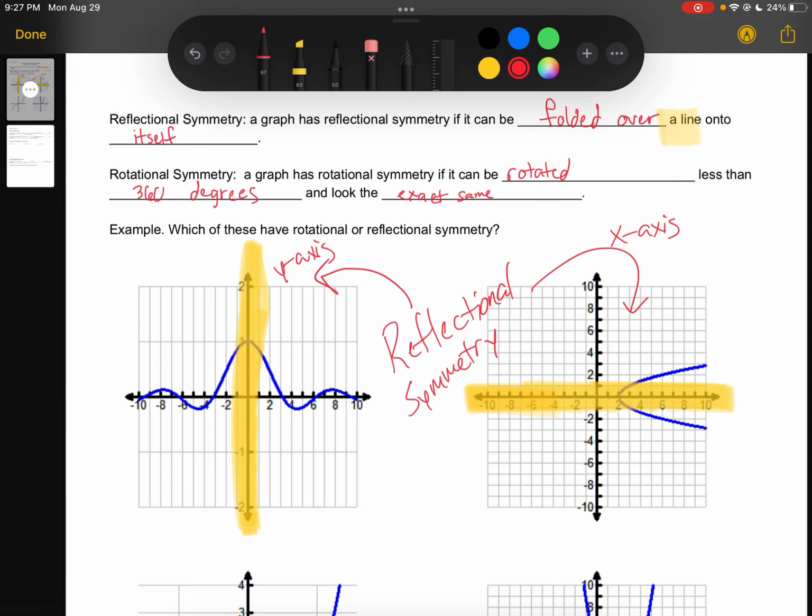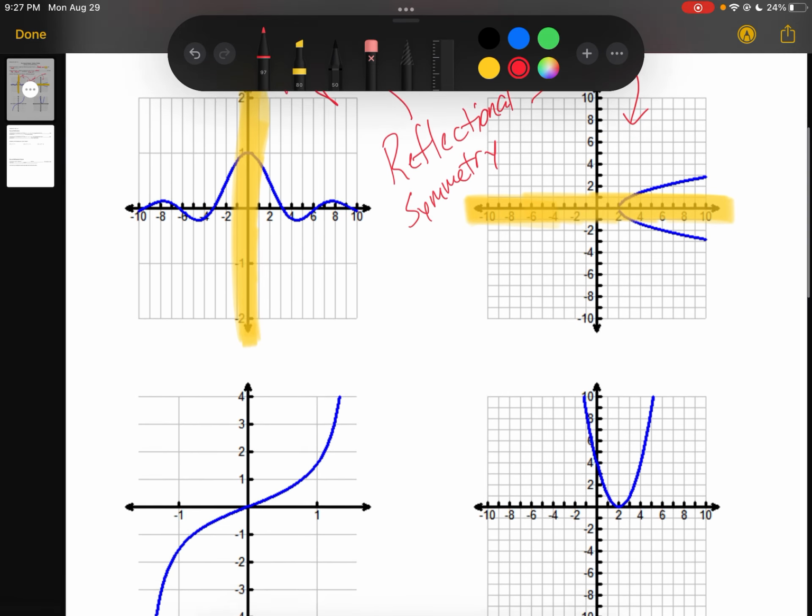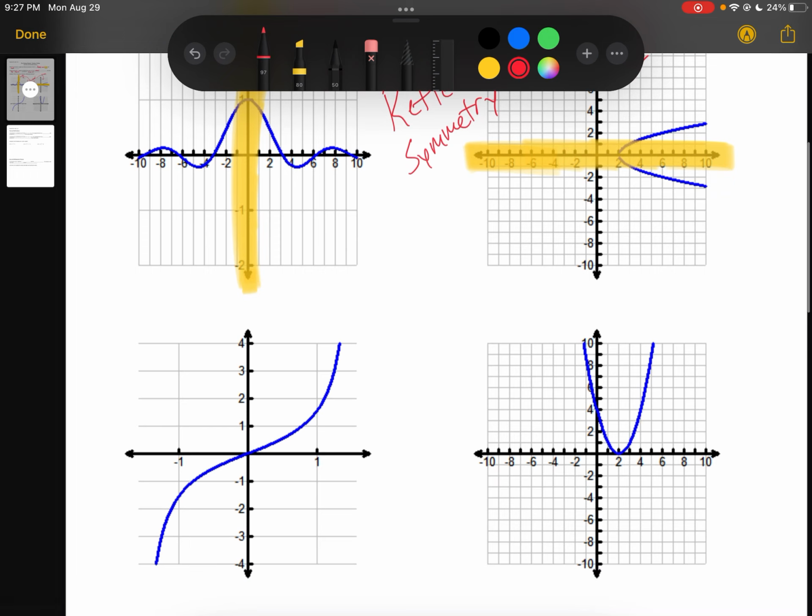So speaking of those different points that we can fold things over onto themselves throughout, let's take a look at our fourth graph here. So I'm going to pause this here and ask us a question. Does this, number 4, where I put the star, have reflectional symmetry? And if so, the second question is, where is it being folded over?